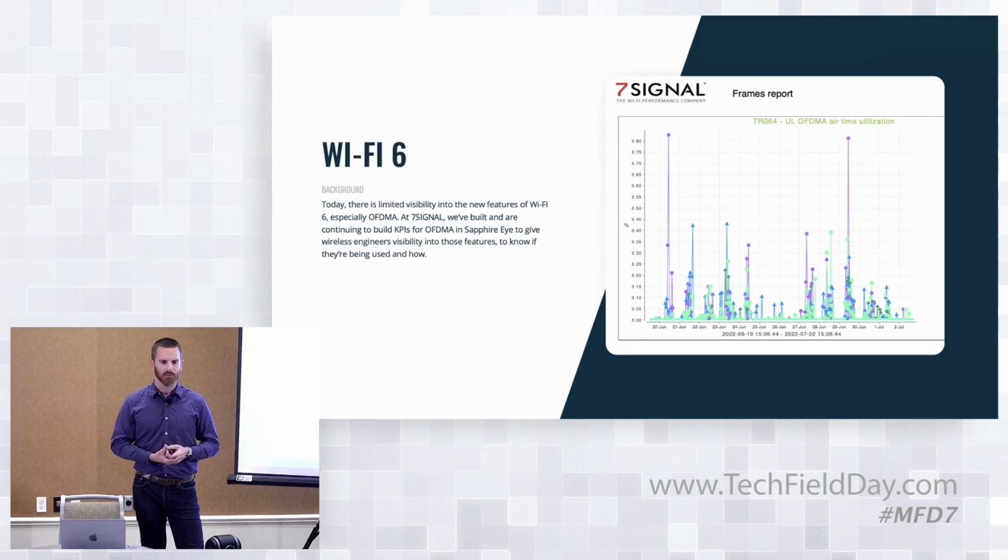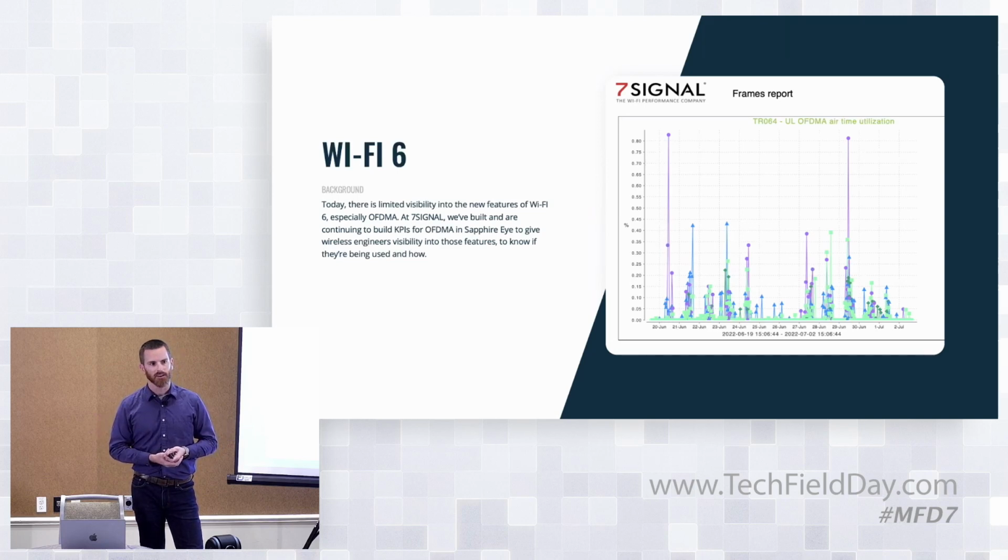OFDMA being one of those, and so we've started with some early data analysis of that, and this is an example of that where we're looking at the airtime utilization that uplink OFDMA is consuming in this network, which has Wi-Fi 6 clients and Wi-Fi 6 APs, and OFDMA is actually occurring there.